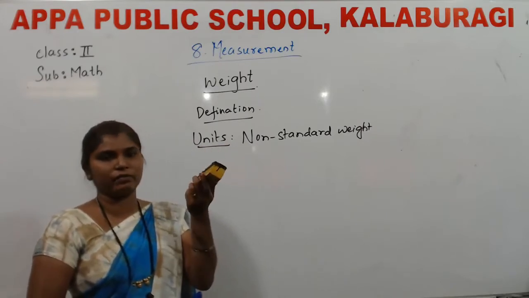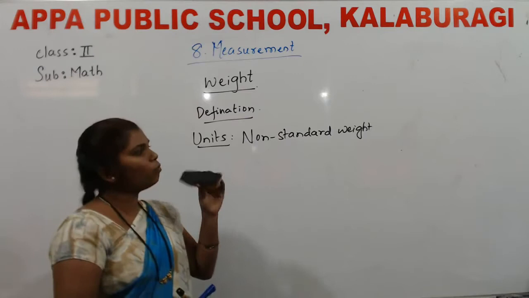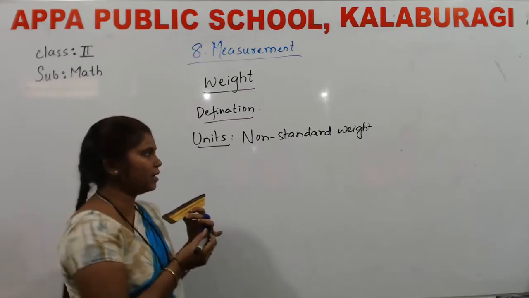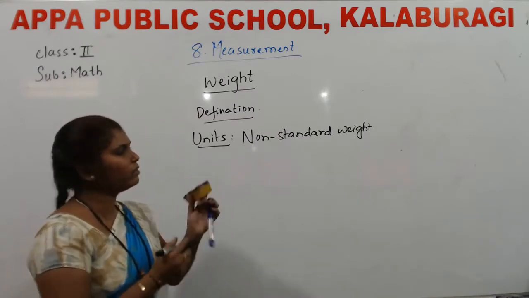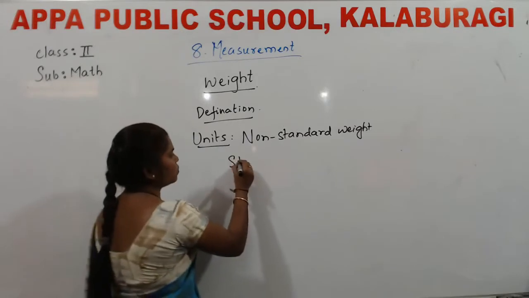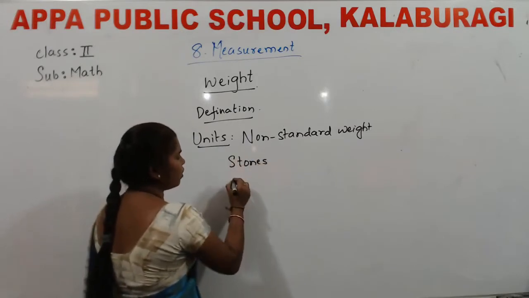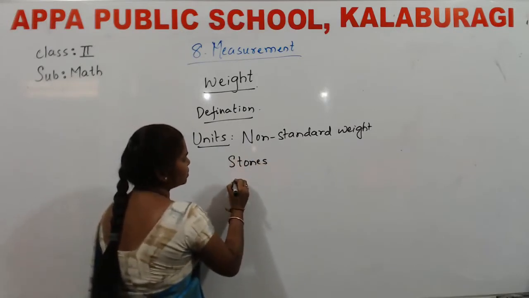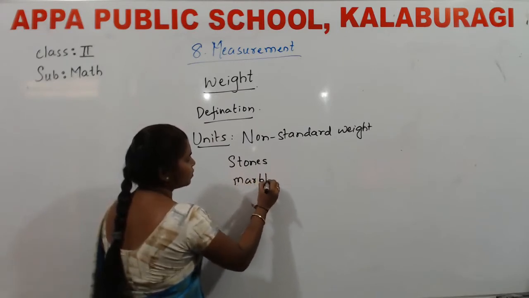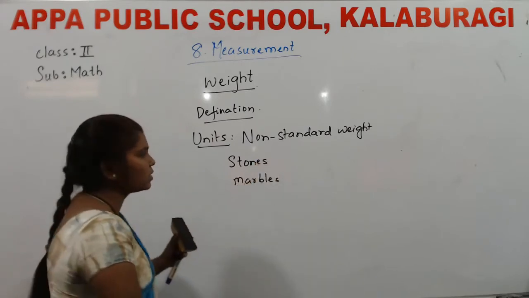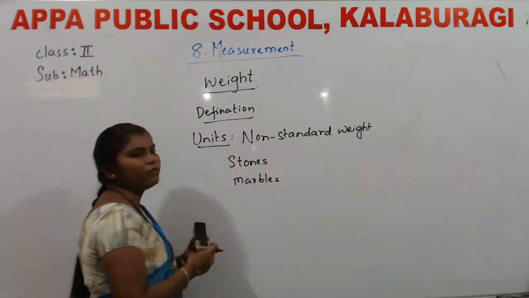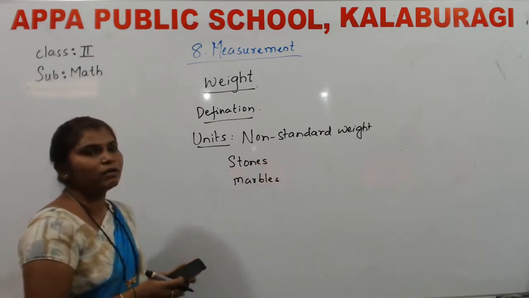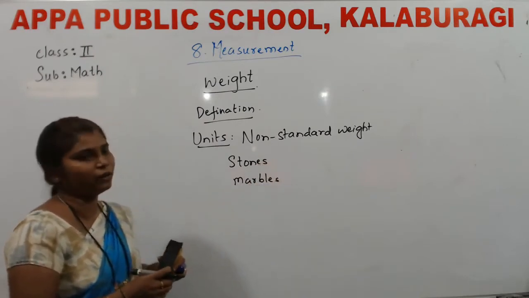I don't know the weight of this duster. So what we were doing? We were using some stones, or we also used marbles. These types of quantities we were using to determine the weight of an object.